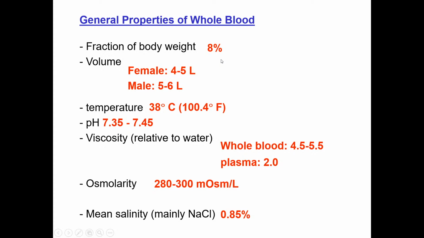If we discuss the physical properties, blood constitutes 8% of the total body weight. If a person weighs 100 kilograms, 8 kilograms of the body weight is contributed by the blood. With respect to volume, females have 4 to 5 liters of blood, whereas a male possesses about 5 to 6 liters.